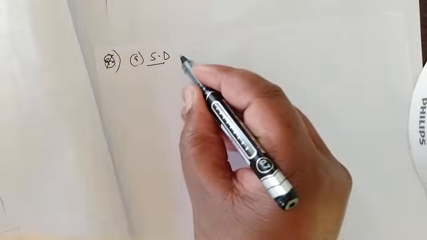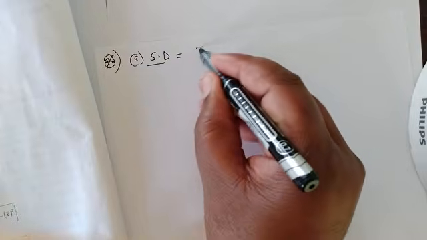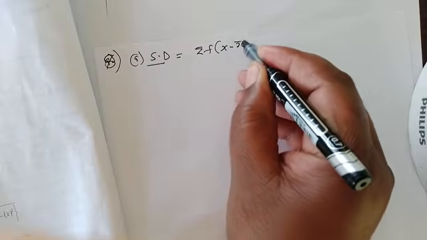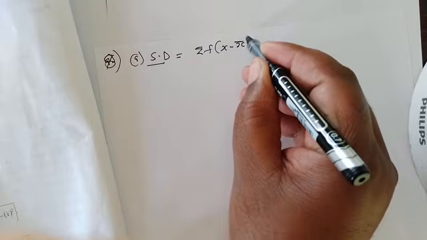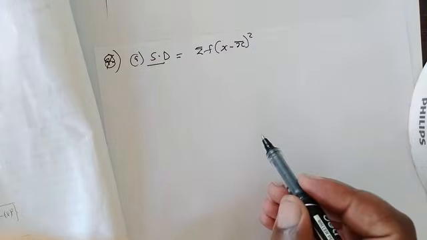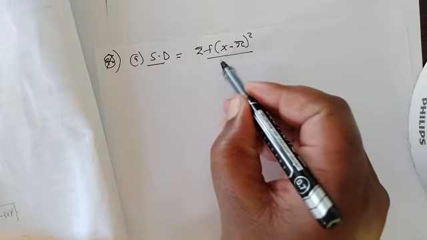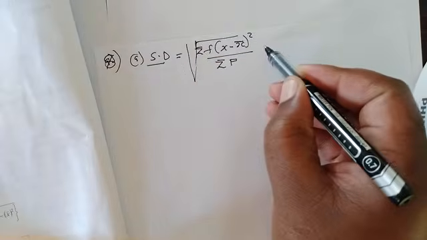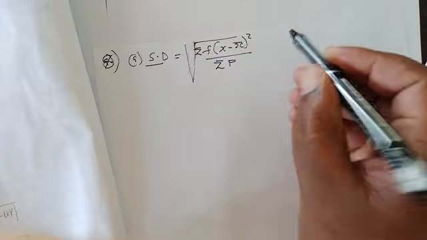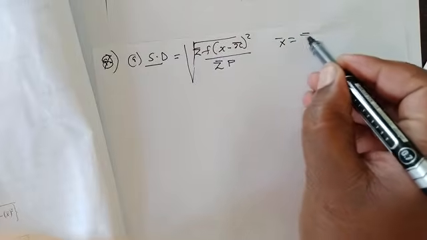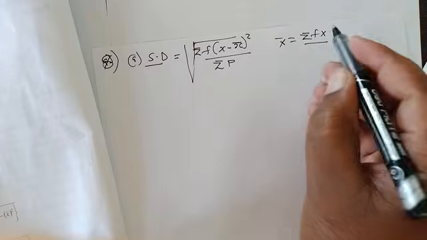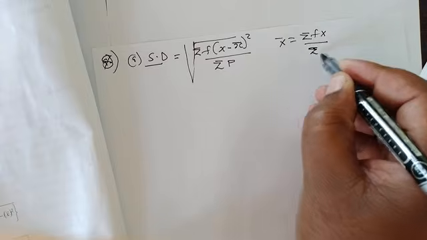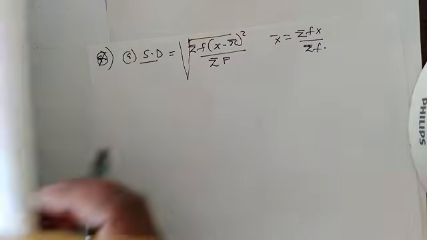Standard deviation is equal to the square root of summation of f times (x minus x bar) squared over summation of f. And how to get x bar? Summation of f x over summation of f.